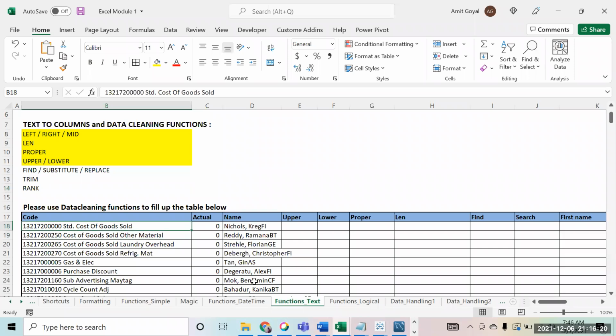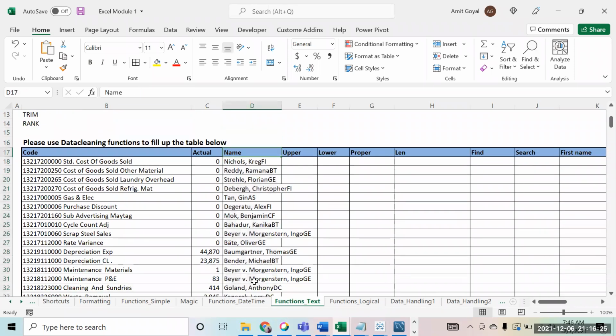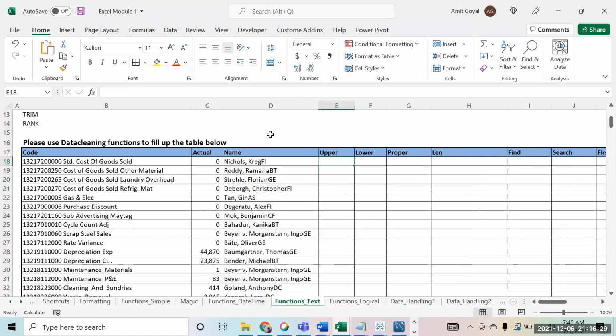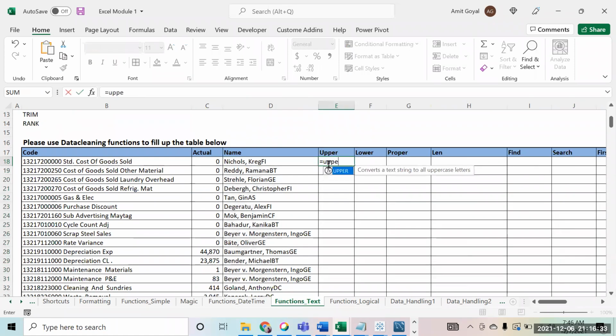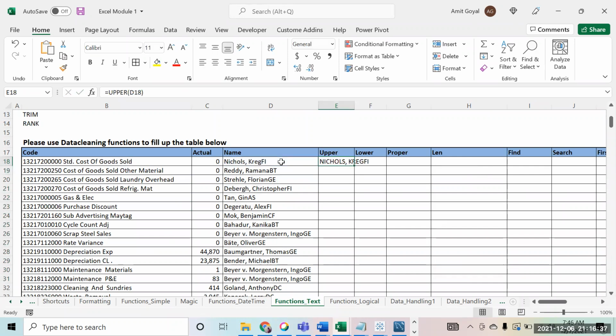For example, I have some names given to me, and I would like to convert these names into uppercase, so that the complete name comes in uppercase. I will say equal to upper and select the text. You will see the name gets converted into uppercase.